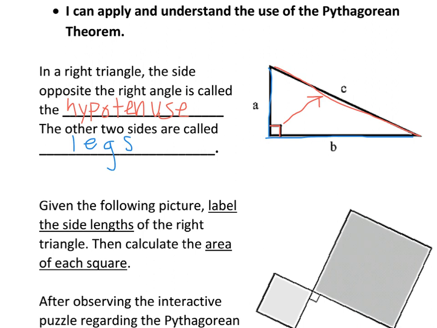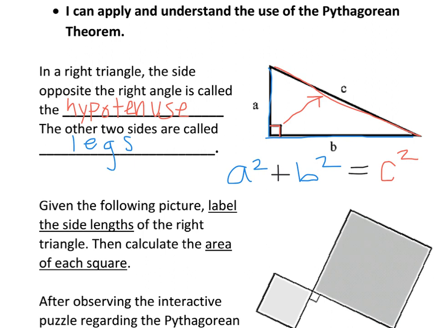And that equation is a squared plus b squared equals c squared. What's really nice about this equation is if we know two of the three sides, we can find that third side length, whether it's A that's missing, B, or C.